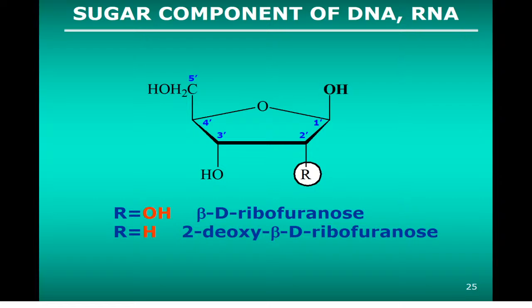Definitely, in DNA and RNA only the cyclic structure is present. So this is the furanose cycle of ribose. For RNA it's just beta ribose, but from a chemical point of view, it's correct to name it beta-D-(-)-ribofuranose.